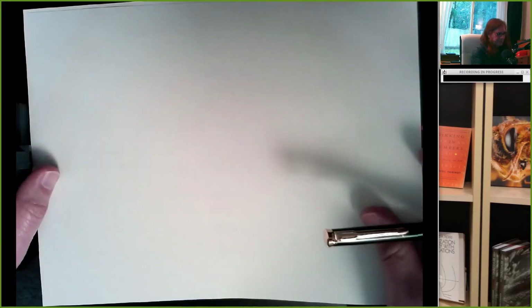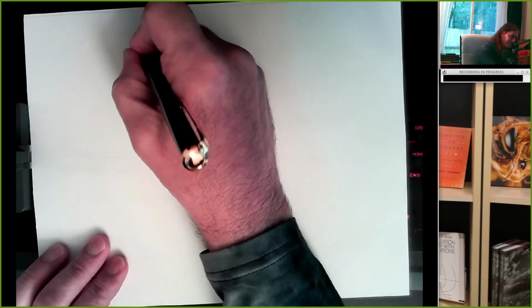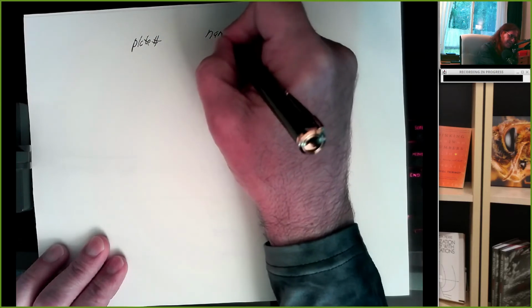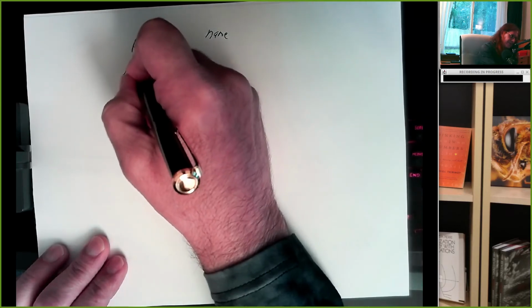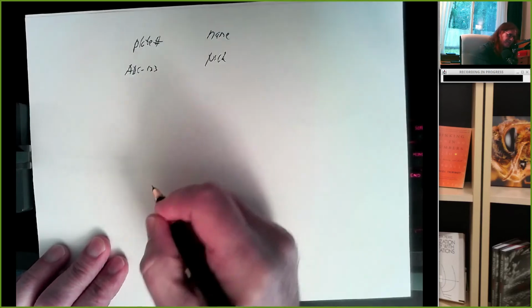So let's imagine that we want to store license plate information. So we have a plate number, and we have a name. And so here's ABC123, and this is my license plate.